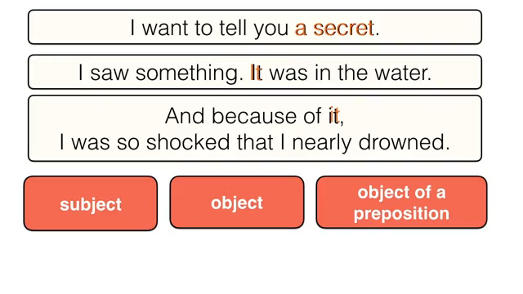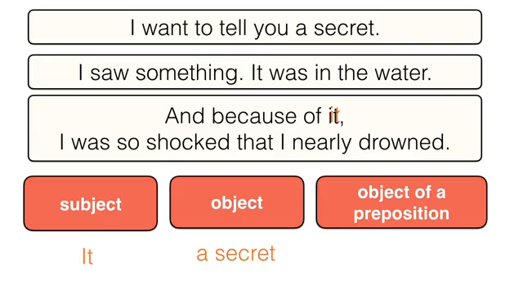Okay, here are 3 simple sentences. In the first sentence, what job does a secret perform? That's right. It is an object. And in the second sentence, the pronoun it performs which job?